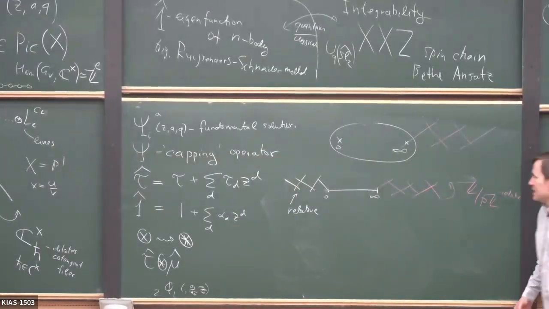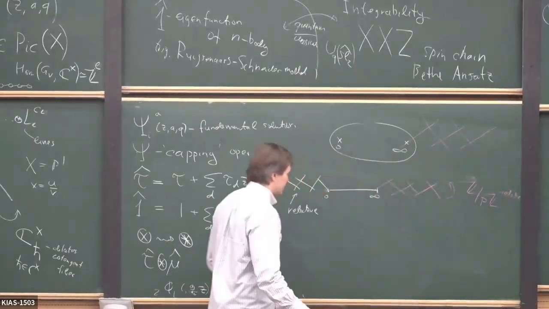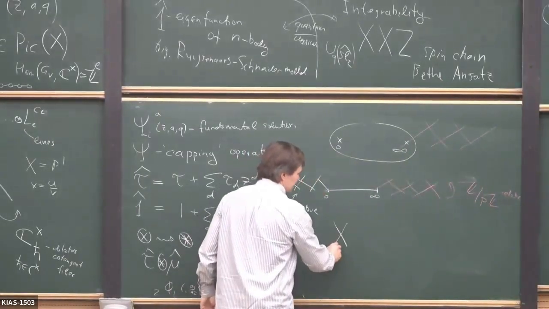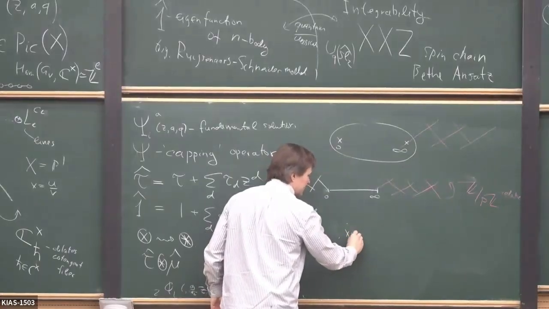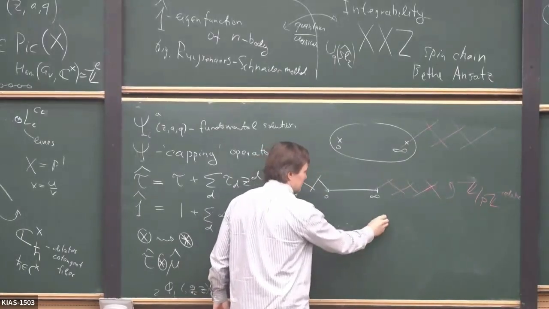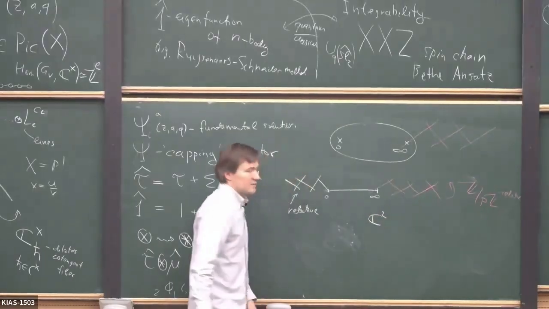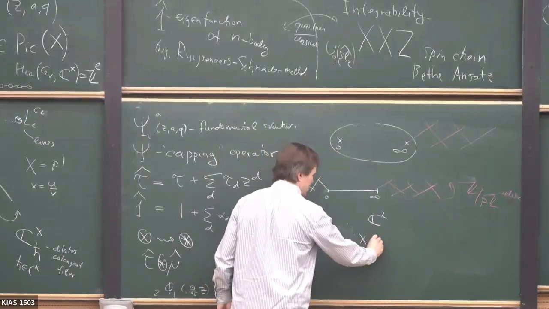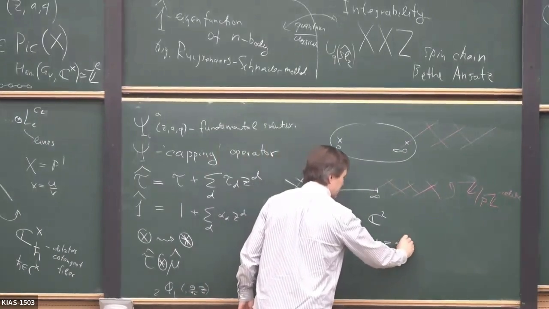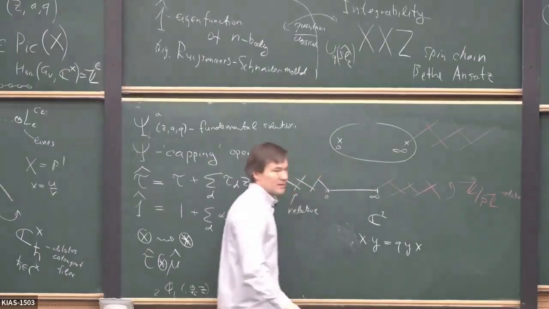Imagine you are studying quantum torus relations. Say x and y are just some variables in A2 or C2, and you want to study the non-commutative deformation of C2. So you have x and y. If q is the non-commutativity parameter, then we'll have something like this.